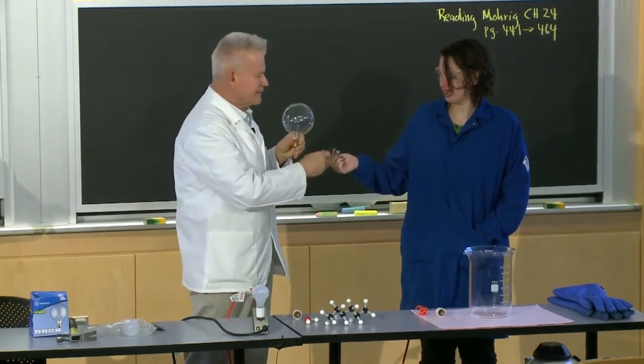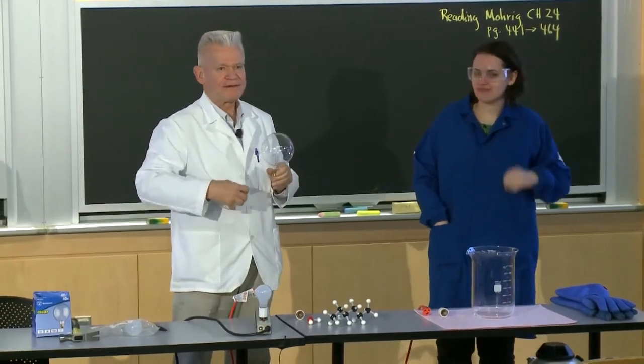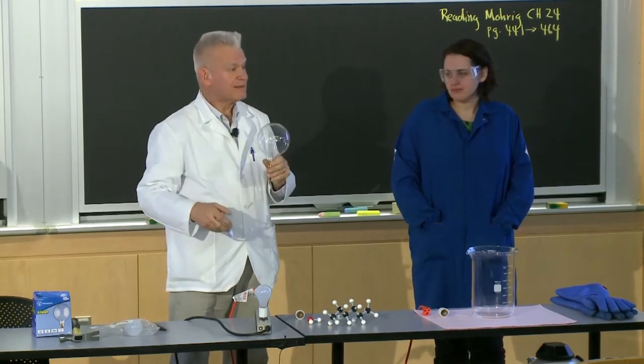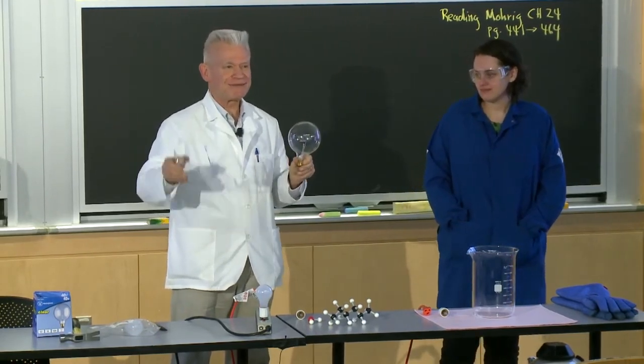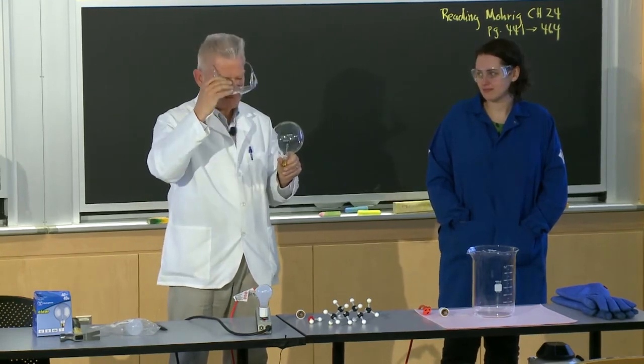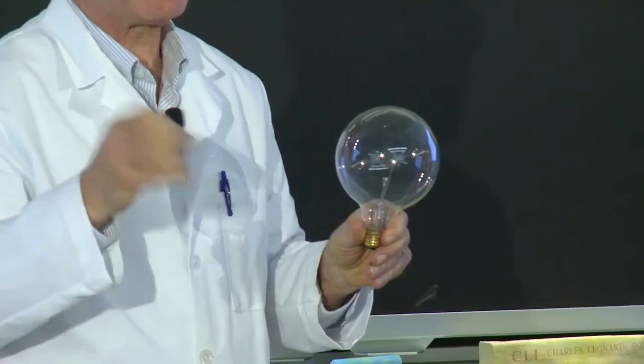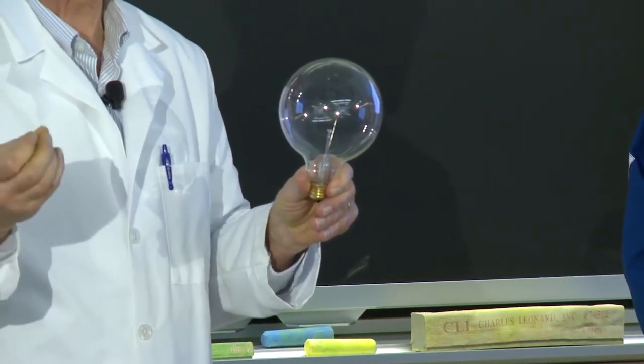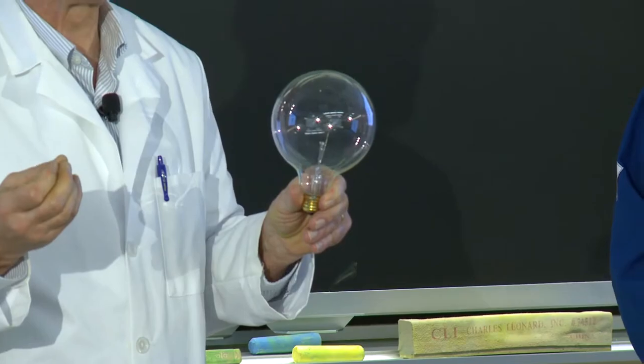Inside of the incandescent light bulb, there's a filament. And they've used tungsten since the turn of the last century, 1906, because tungsten has the highest melting point of all the metals. Melts at around 3,400 degrees Celsius.